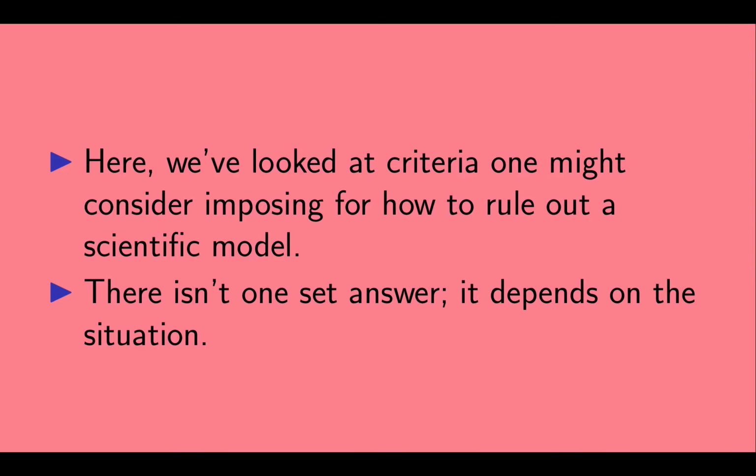Okay, let's finish up with a few remarks. Here, we've looked at criteria one might consider imposing for how to rule out a scientific model. There isn't one set answer. It depends on the situation.